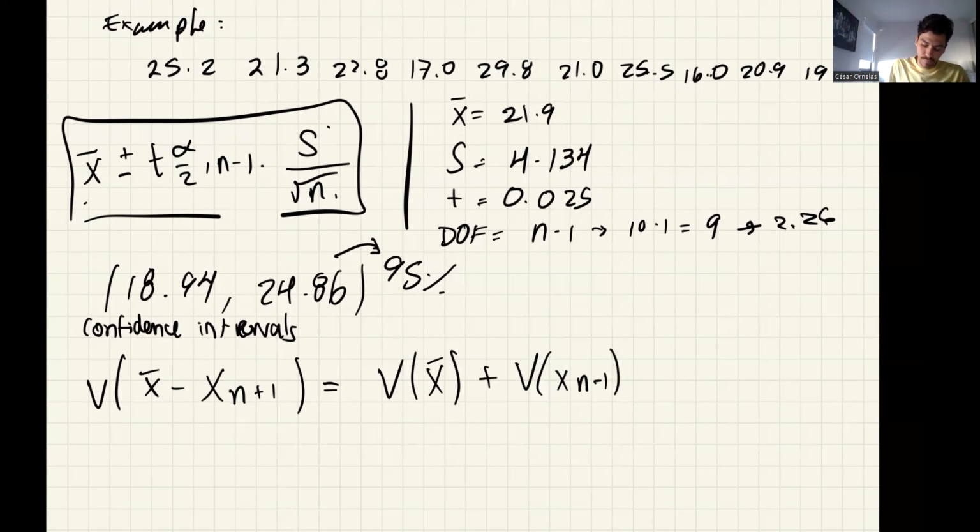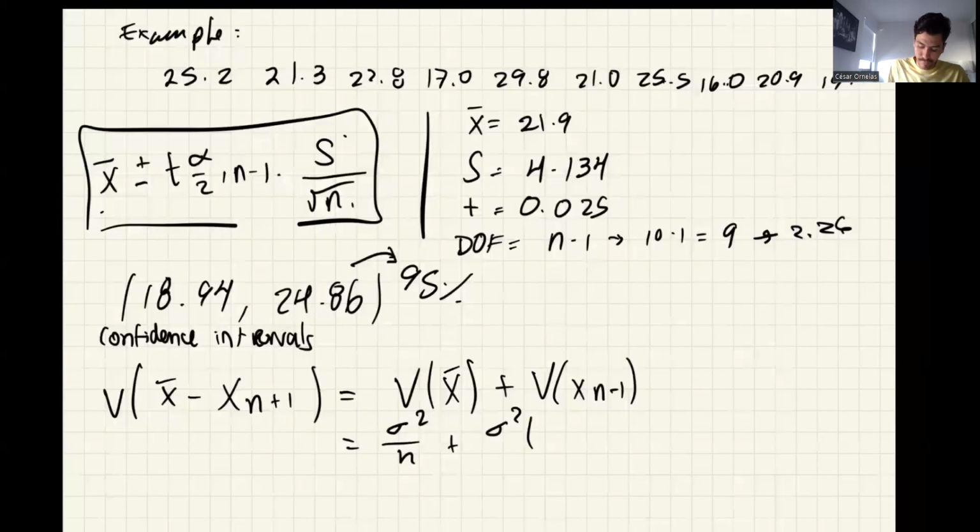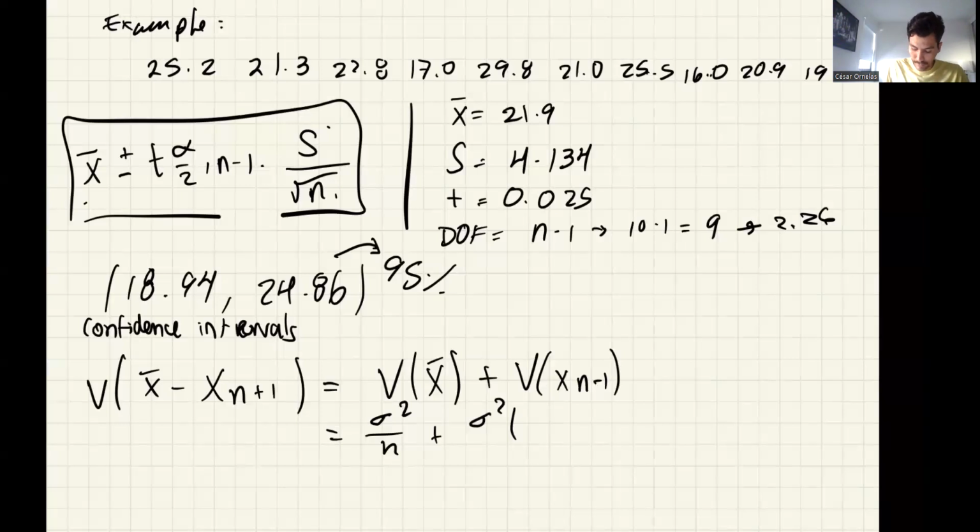So this is equal to the standard deviation over n plus the standard deviation elevated to 2, multiplied by 1 plus 1 over n.